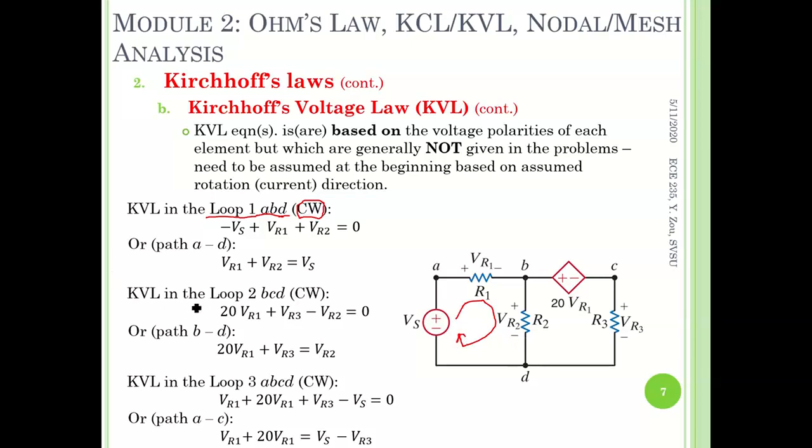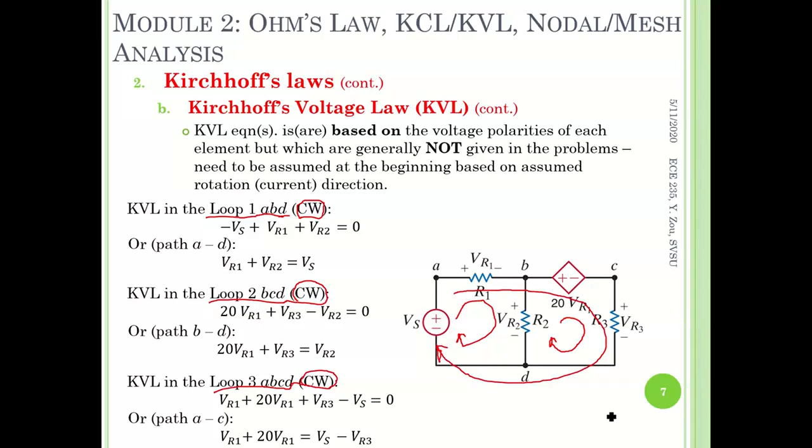Loop 2, the BCD loop, following clockwise direction again. It means this loop with this direction. The third loop, ABCD loop, with the same clockwise direction. I'm talking about the big loop here.